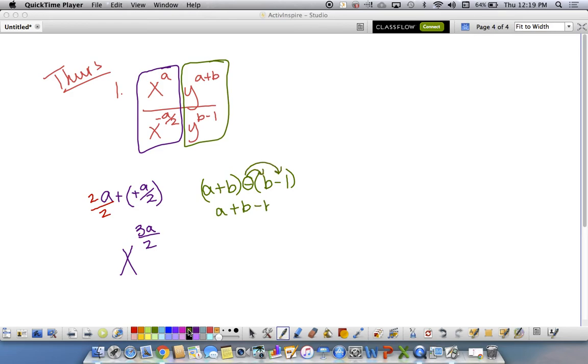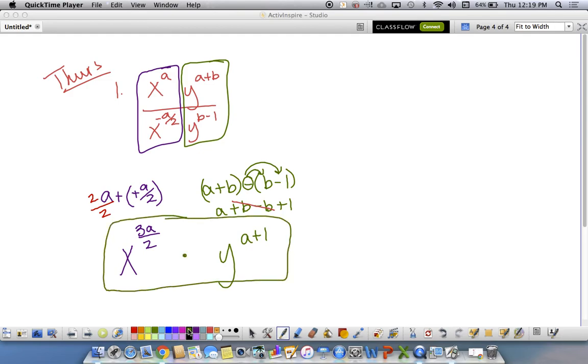So I've got minus b plus 1. So b minus b is 0. Those cancel. So now I have simply an a plus 1. So I have a y raised to the a plus 1. Should these be multiplied together? Yes, they should. It should be one big answer. Okay?